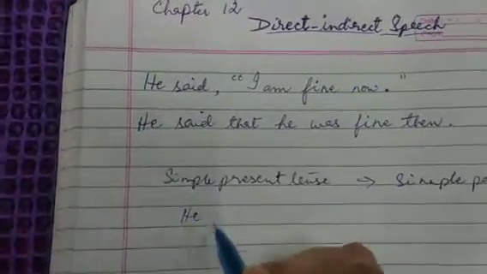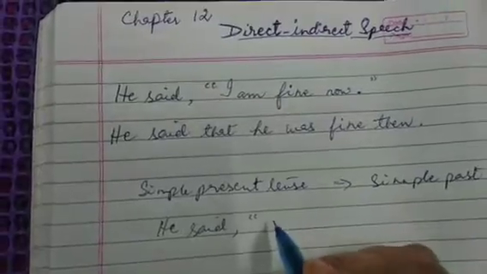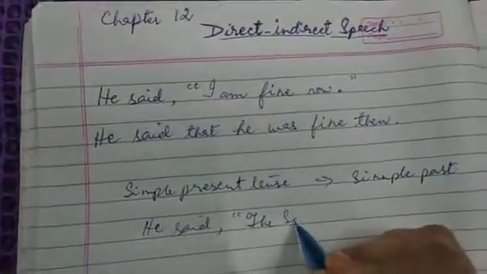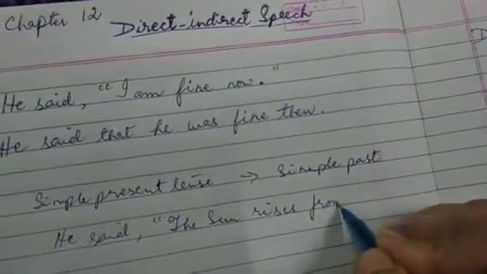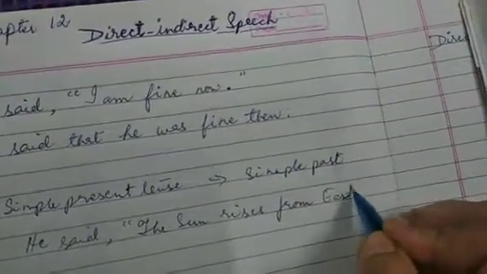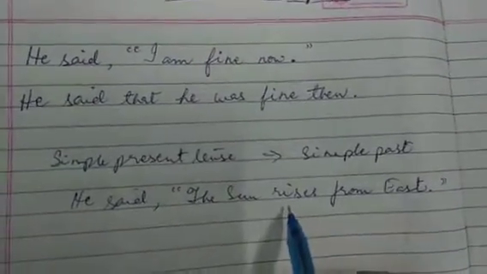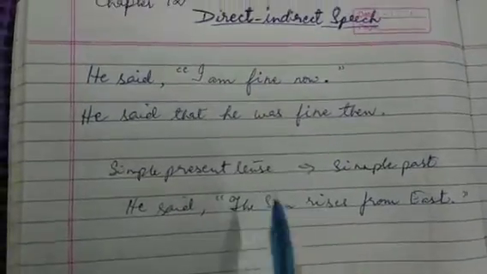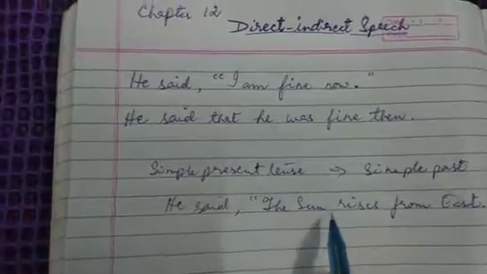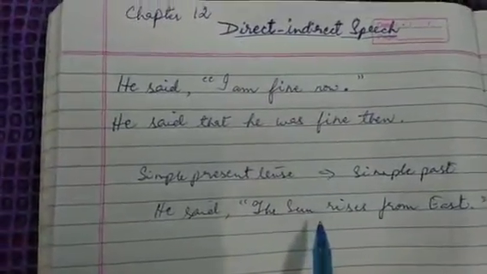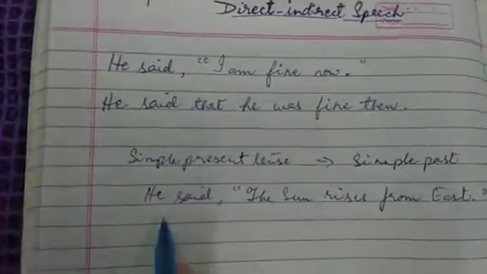Suppose, for example, he said, this is an example of direct speech. He said, "The sun rises from east." Now here we know rises is a simple present tense used here. And according to the rule, simple present tense changes into simple past tense. But since it is a universal fact, we cannot change the tense here. We cannot make it past tense. So what happens here?